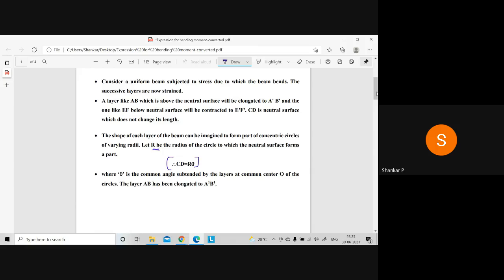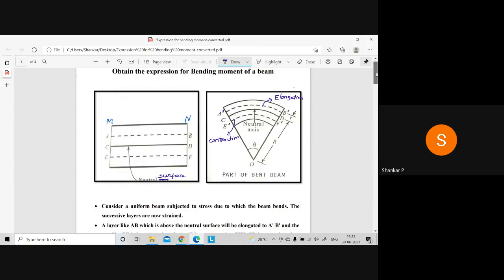Whereas the layer AB has been elongated to A dash B dash, so let its radius be R plus r. You can see from the diagram, its radius is a little bit more than the radius of the layer CD, which is R plus r, where small r is the distance of the A dash B dash from the neutral surface, which is very important to note.